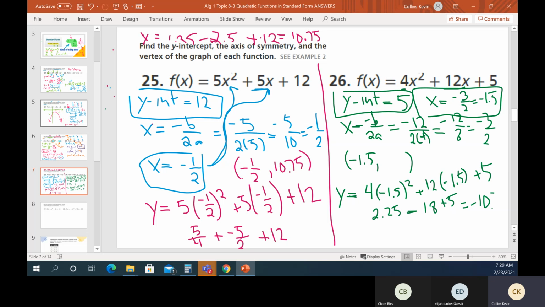So minus 10.75. So that goes here. Minus 10.75. That's your vertex. Capiche? I'm pondering them. Grab some water here.